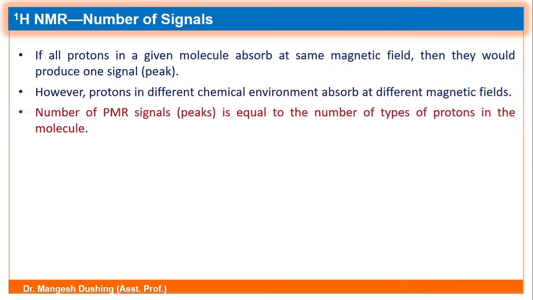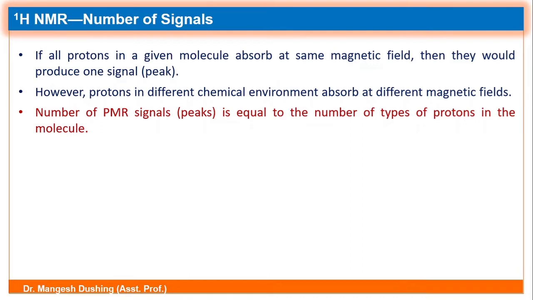The number of NMR signals, that is peaks, is equal to the number of types of protons in the molecule. This is important. In organic molecules there are many protons, but all these protons are not equivalent.